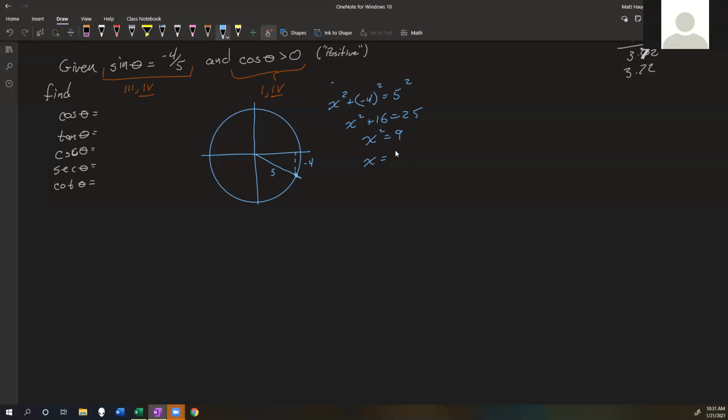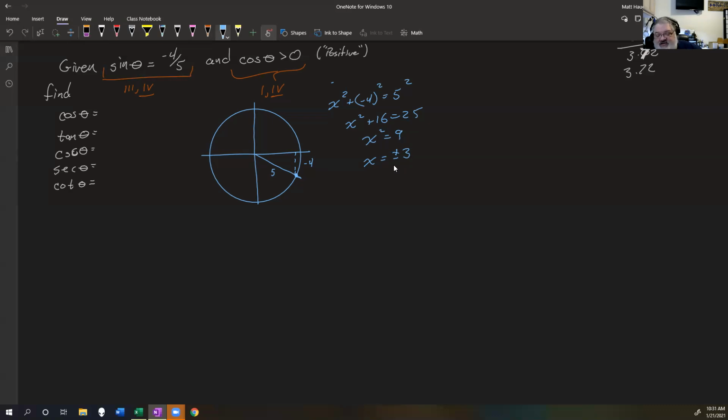Is it positive or negative? Plus or minus 3. Now, does the plus or minus matter? If we were in quadrant 3 instead, we'd have to use that -3, right? The only reason we get to say it's just the +3 is because we know we're in quadrant 4.